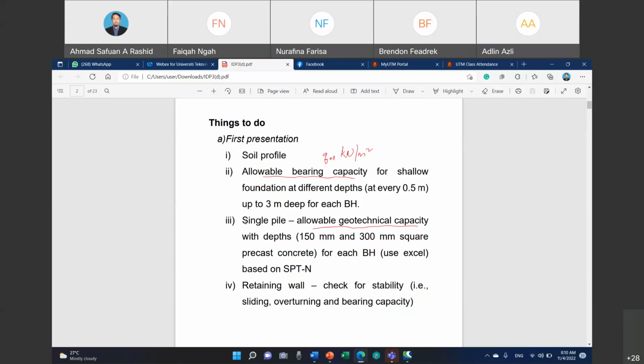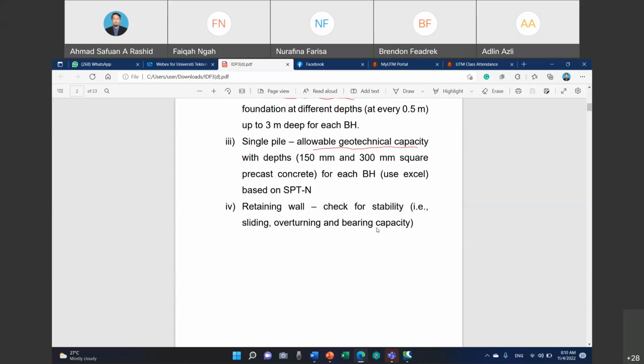Okay. So then, for example, if the shallow foundation is not able to sustain the load from the superstructure, at the same time, you need to calculate for the use of the pile foundations. So either you start by using single pile, then you may continue for the group of piles.